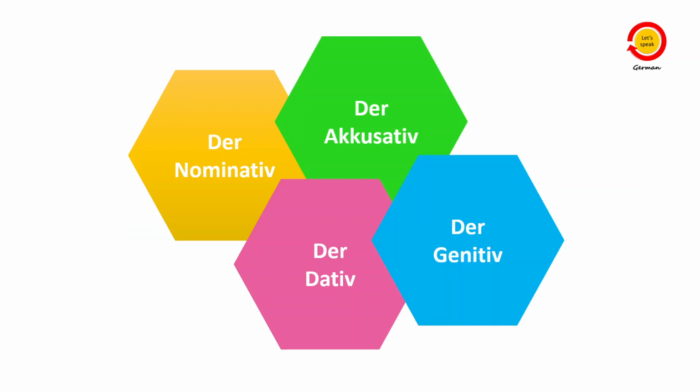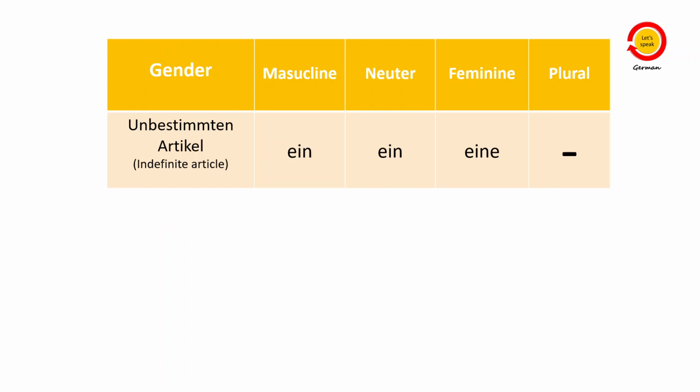Coming to the next section of the table, unbestimmten articles or indefinite articles are used in a similar manner as the English indefinite articles a and an. Masculine nouns take ein, neuter gender nouns also take ein as their unbestimmten article, and feminine gender nouns take eine.